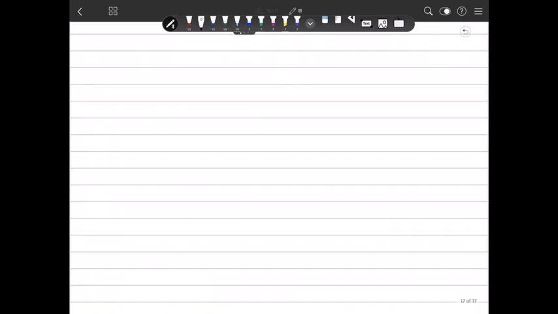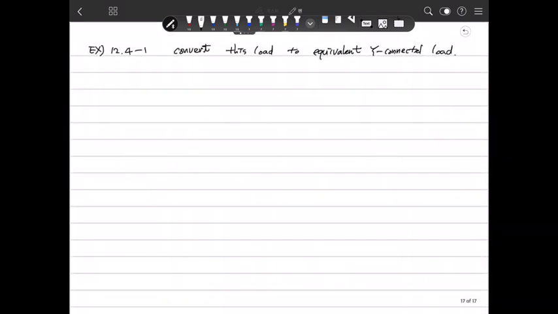It's quite complicated, but you can do this simply. The calculation is quite complicated, but the problem is simple. We have two loads here. This one is a delta connection. Then you have another load. This is a Y connection, in this manner.